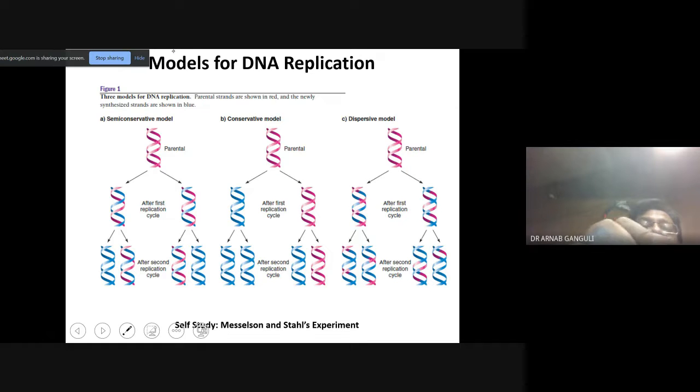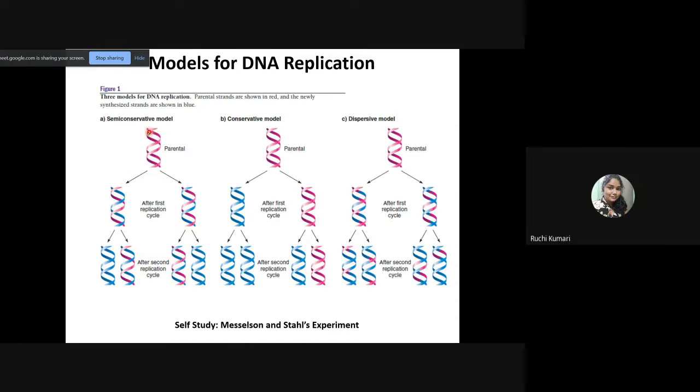Now there are some models of DNA replication. What are the three models? Semi-conservative, conservative, and dispersive. What is semi-conservative? These two parental strands separate. You see this pink colored line?